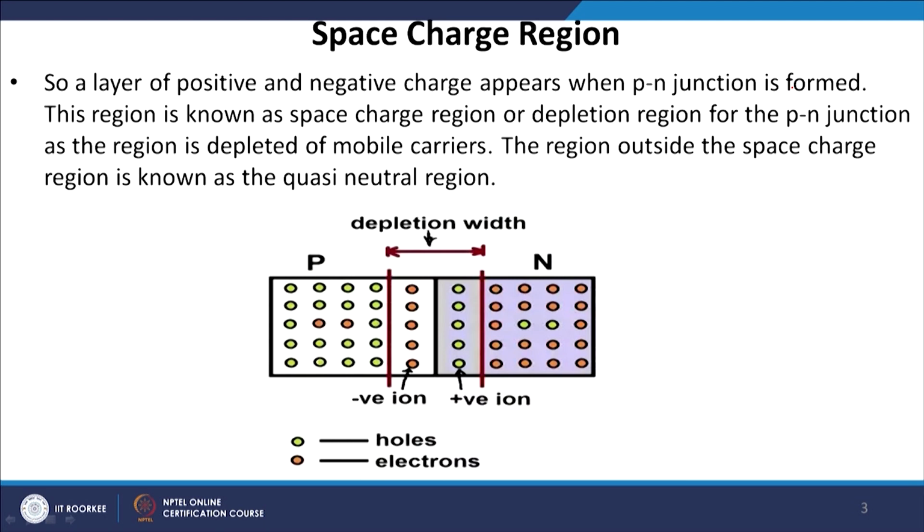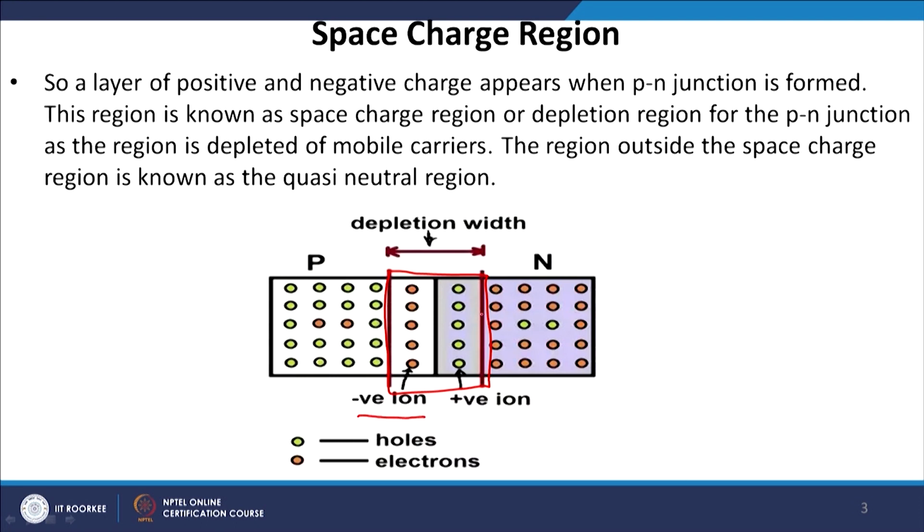So, this region which is shown in the picture here is called the space charge region or depletion region. Why is it a depletion region? Because it is depleted of any majority charge carrier. Once the hole has moved from the p side to n side, it leaves behind the negatively charged ion.